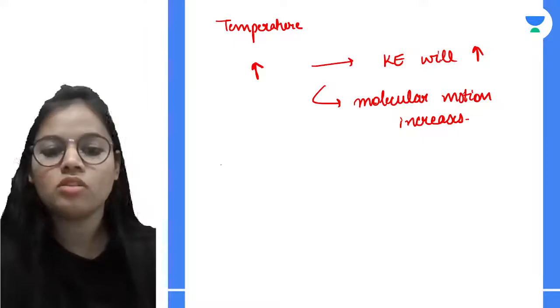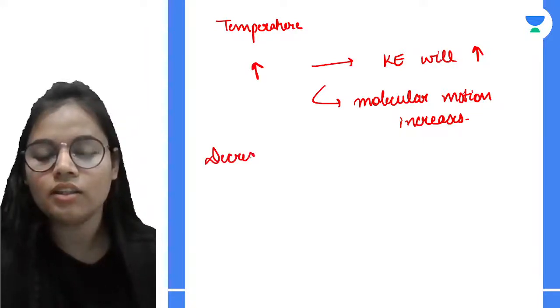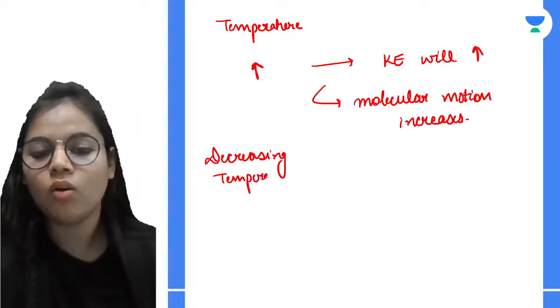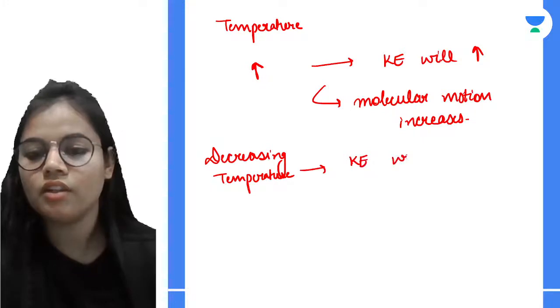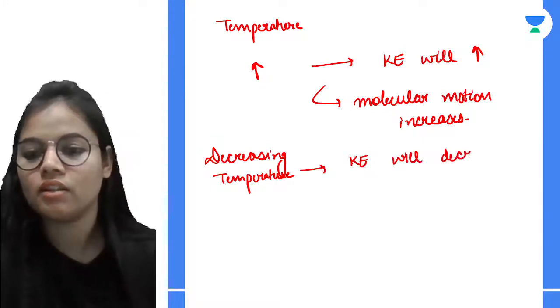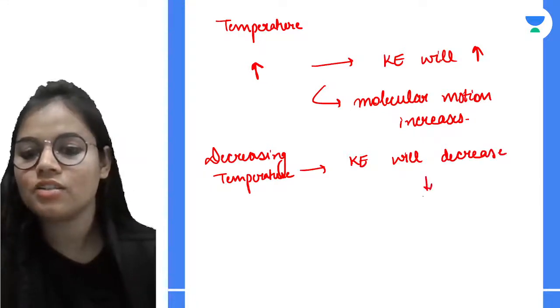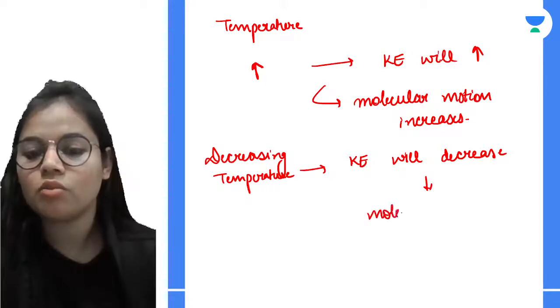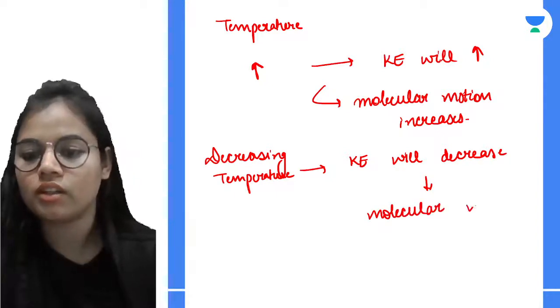Now let's suppose we are decreasing the temperature. On decreasing the temperature, the kinetic energy will decrease, and as kinetic energy decreases, the molecular motion will also decrease.